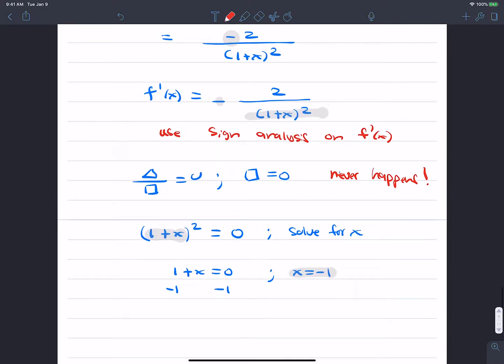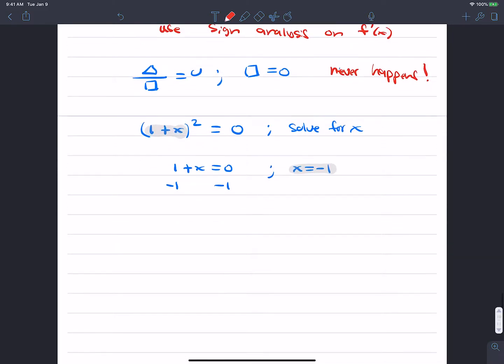This derivative, first of all, let's think of this phrase here. It's never 0, so the derivative never equals 0. The derivative is undefined at x is what? -1. Okay, so in other words, what this means is our function f has a critical value, maybe, at x is -1.